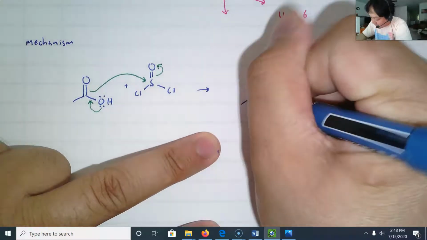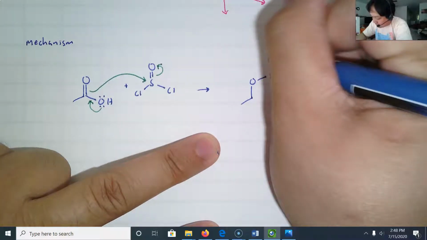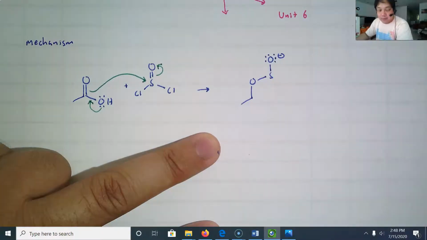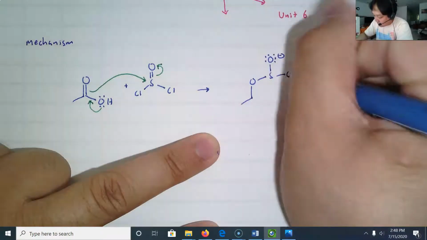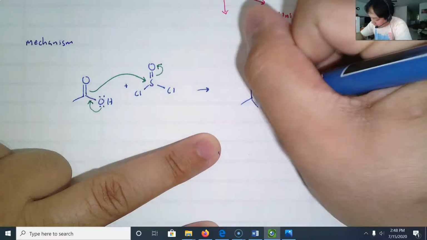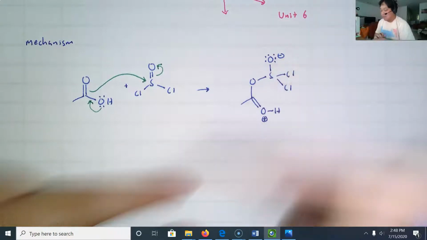We'll have an oxygen, sulfur, O minus, and I'll draw the pairs, two chlorines, and down here we have the oxygen that's been protonated.